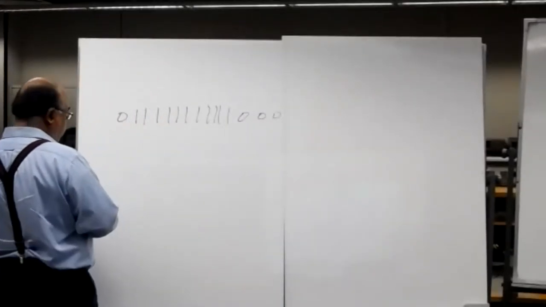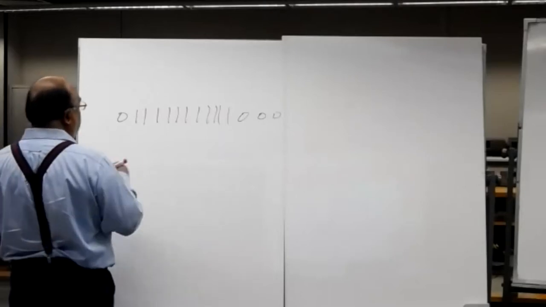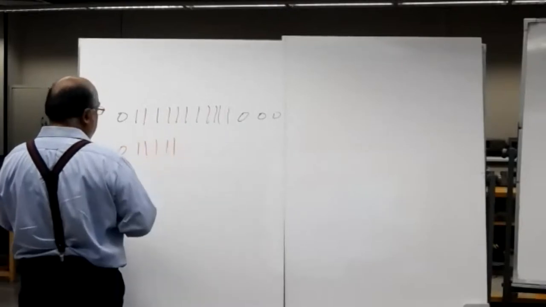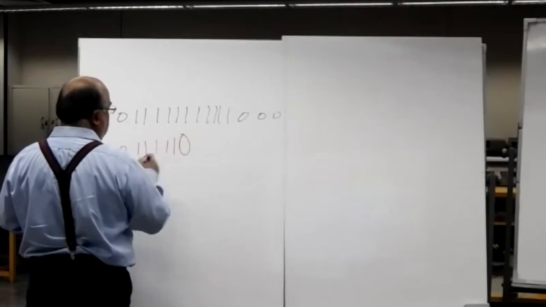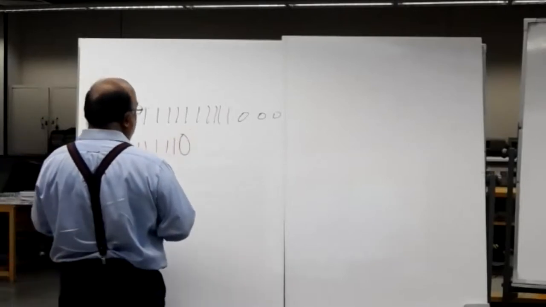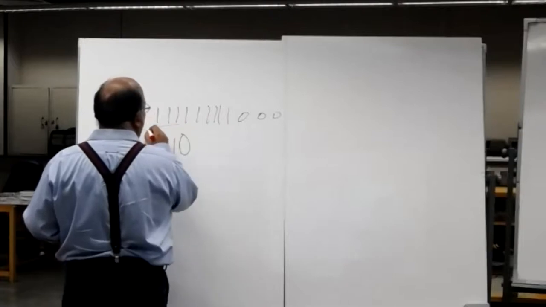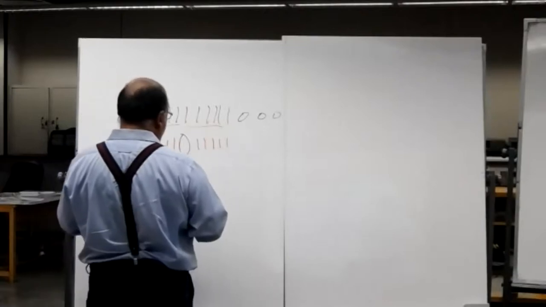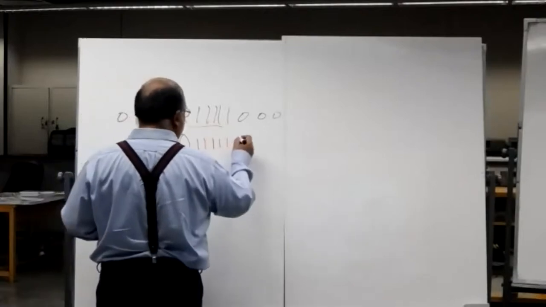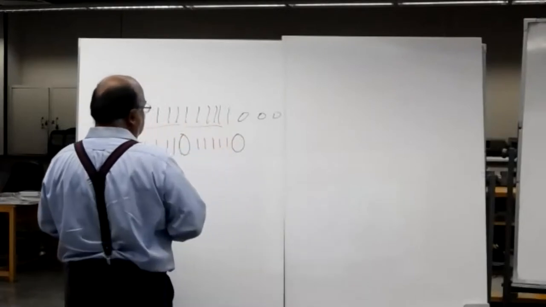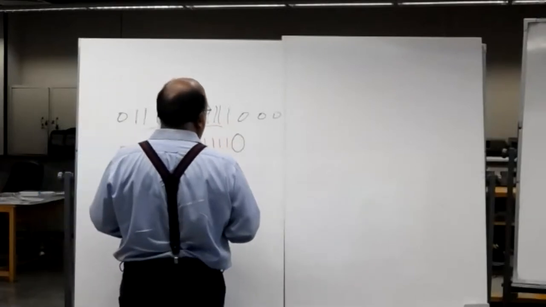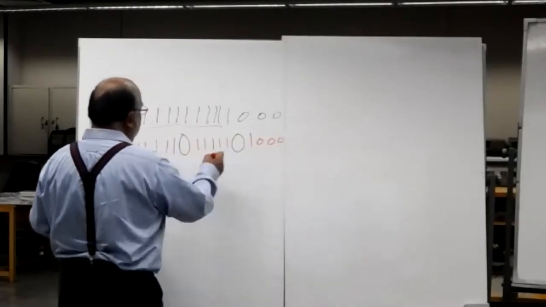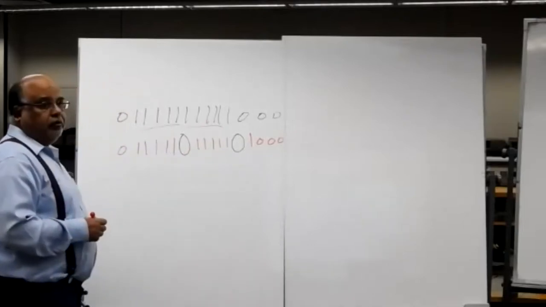The data that is actually sent after bit stuffing is that after every 5 ones we insert a 0, and then 1 1 1 1 1, 5 ones, we insert another 0, and then we have other data to be sent, 1 0 0 0. So this extra 0 is called bit stuffing.